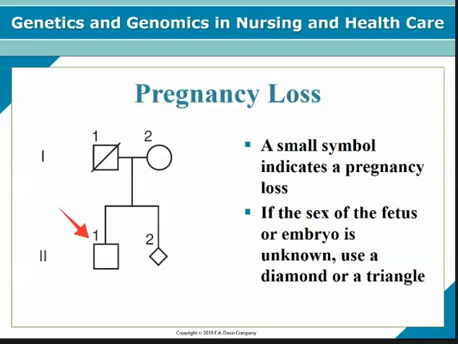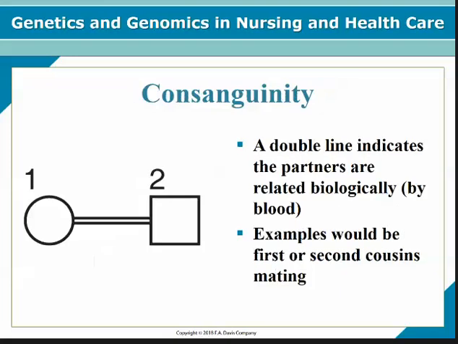If the sex of the embryo or fetus is unknown, then it's a diamond or a triangle. This is an indication of partners that are related biologically by blood, and that's how you would show that on a pedigree, with the double lines between the two individuals.